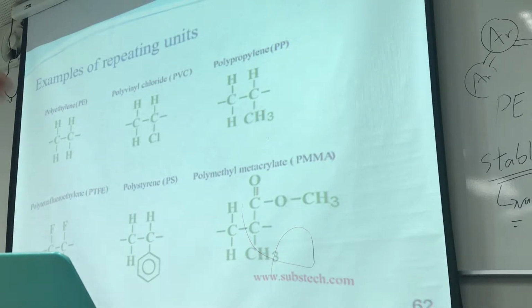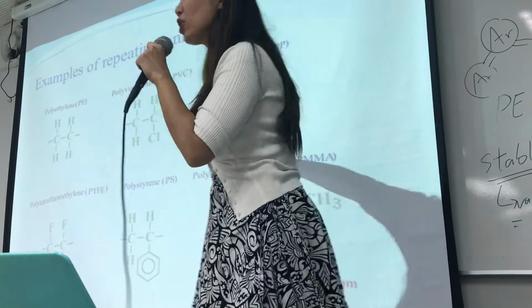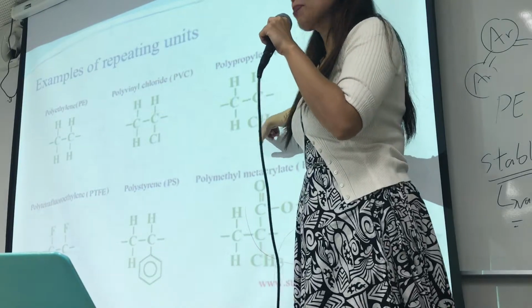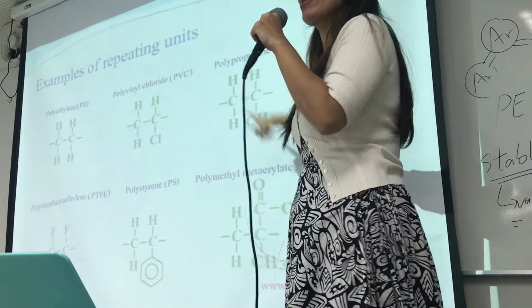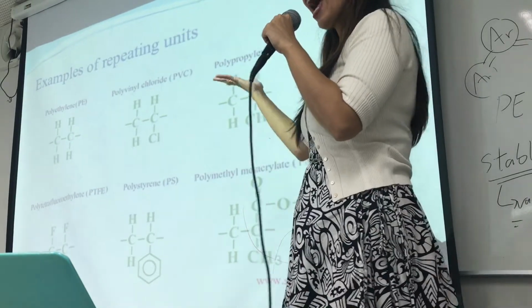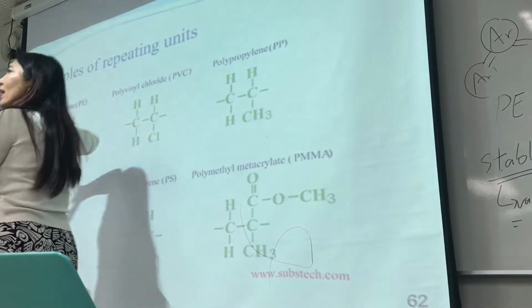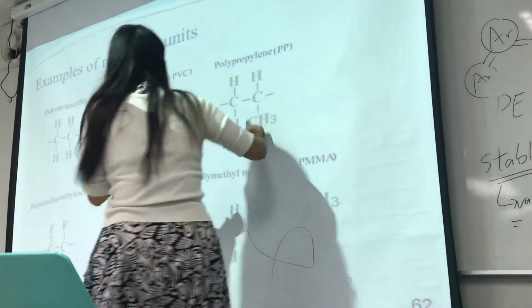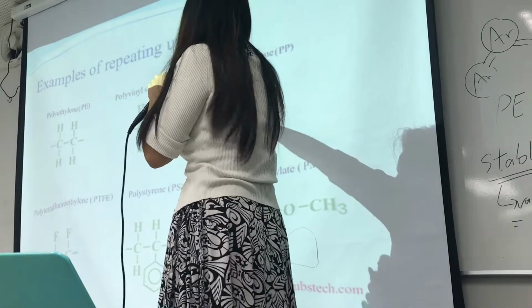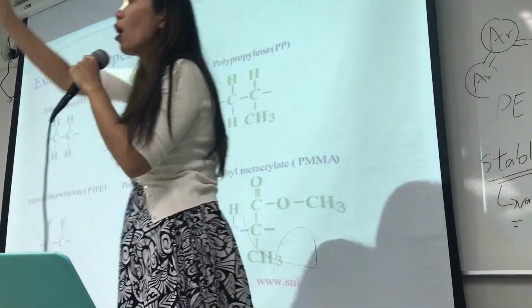Okay, so in this case, if we replace H with CH3, how many C are there? 1, 2, 3. So we call it propylene. Basically, we start with ethylene and then replace one H with CH3. So what we have is 3C. Right now we have propylene.